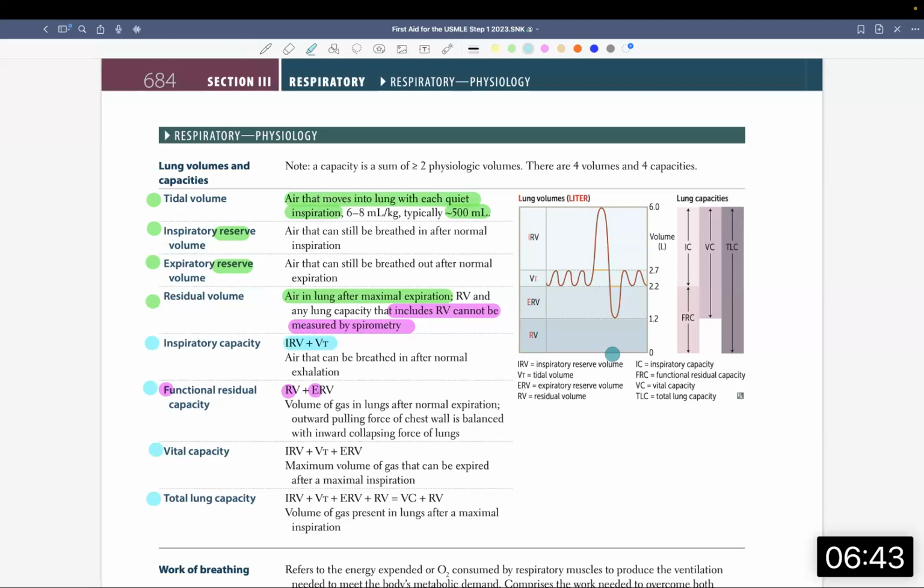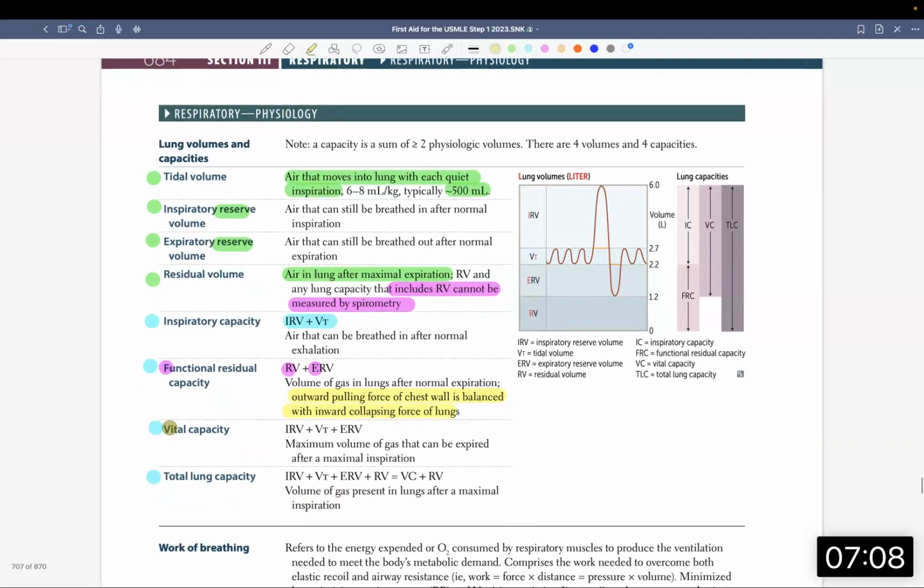So this was the F equals R plus E mnemonic. Functional residual is whatever is functionally left behind in the lung. So RV plus ERV is the volume of gas in lungs after normal expiration. The outward pulling force of the chest wall is balanced with the inward collapsing force of the lungs.